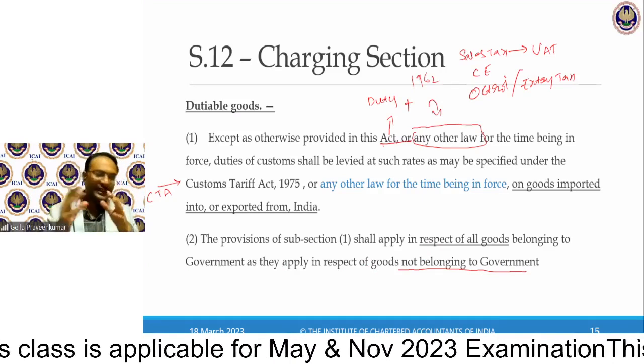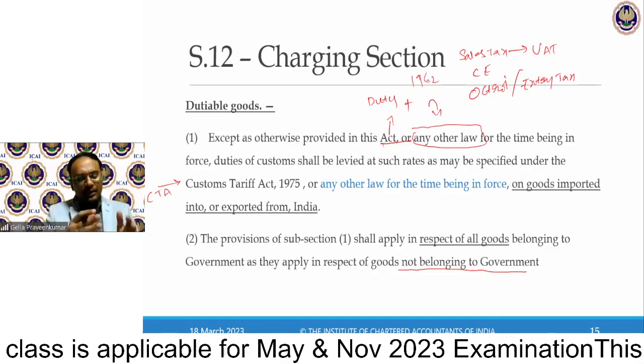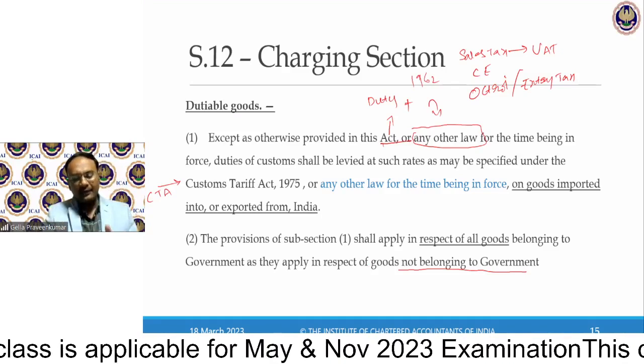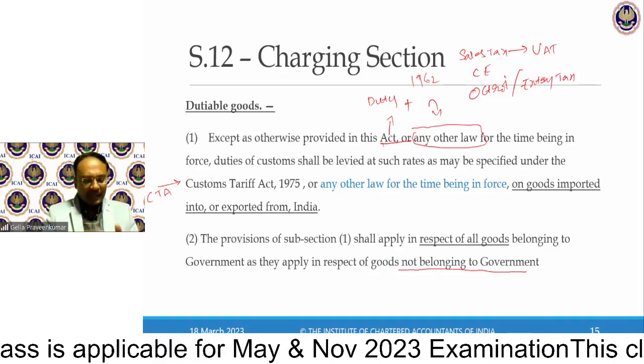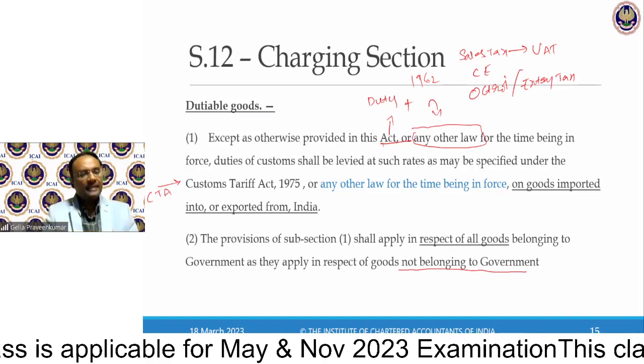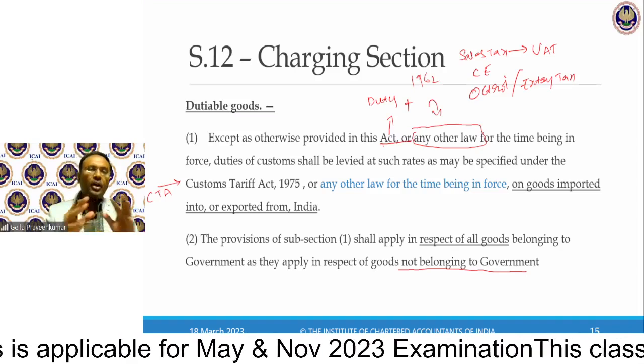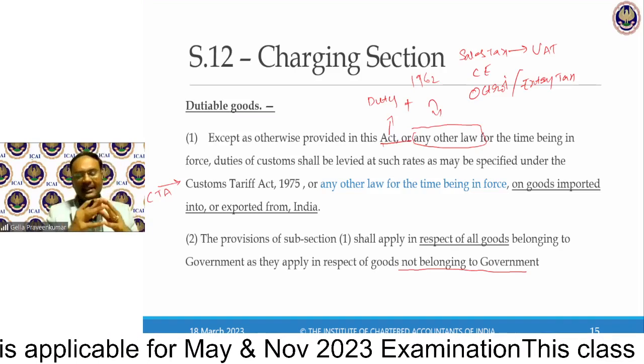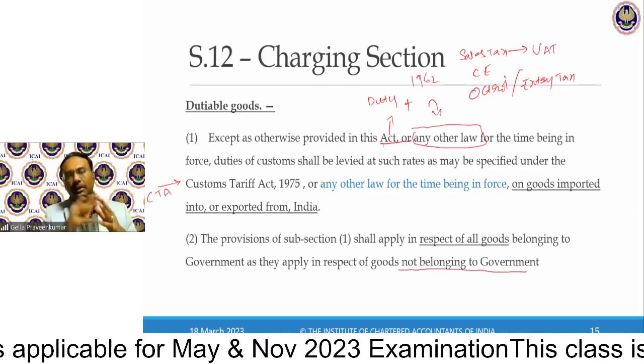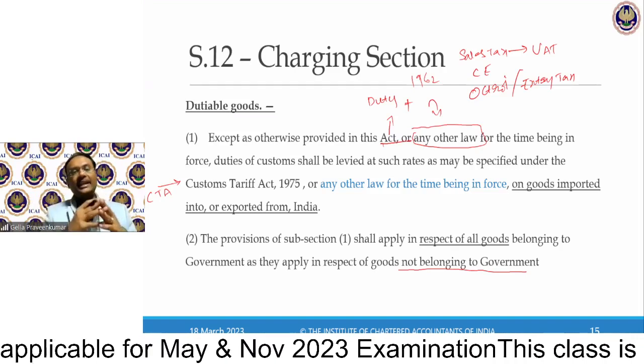For a moment, for an instance, Bruhat Bengaluru Palike of Karnataka, Mahanagara Palike Limited of Tamil Nadu. All these local municipalities, panchayats, who are they? They are local bodies. They are state government entities.